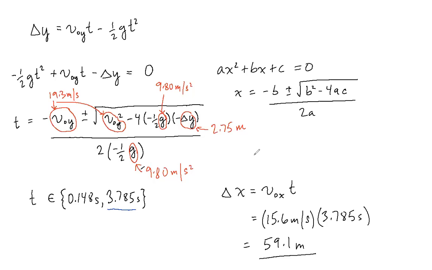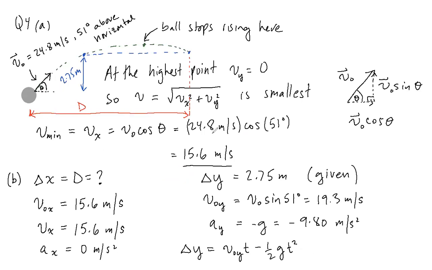Okay, so let's look at part C. Part C asks, what is the velocity, both magnitude and direction, of the soccer ball as it enters the goal? So if we go back to here, by the time the ball is over here, the velocity is pointing downwards and to the right. So now it's pointing like this.